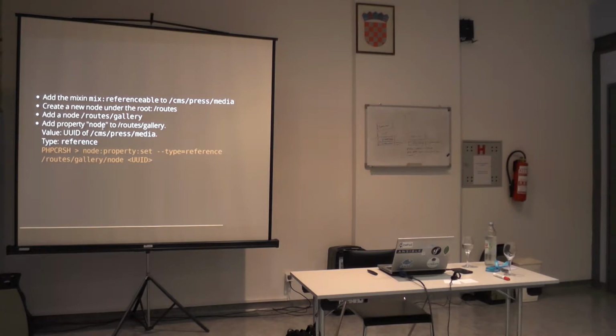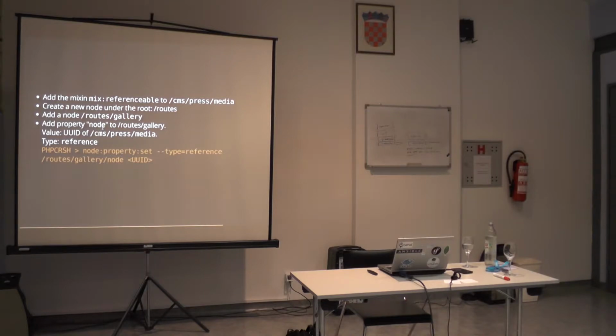The next step, if you have added the mixin, is to create a new node at the root. So not on /cms, but at the root. And you can call it /routes, roots. How do you pronounce it? Routes, roots. Potatoes, potatoes. Tomatoes, roots. And under the routes node, you can create a gallery node.